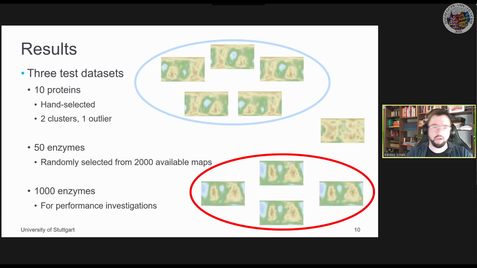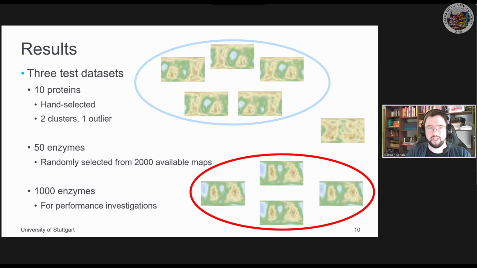With that, let me just come to our results. We had 3 test data sets. The first one consisted of 10 proteins, which were hand selected and consisted of 2 clusters and 1 outlier. This is the data set you can see on the right.